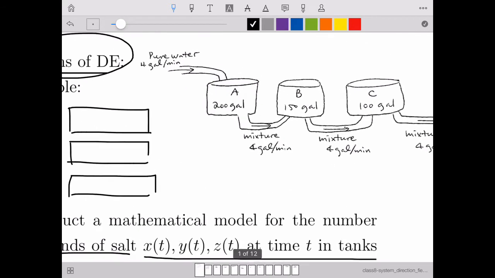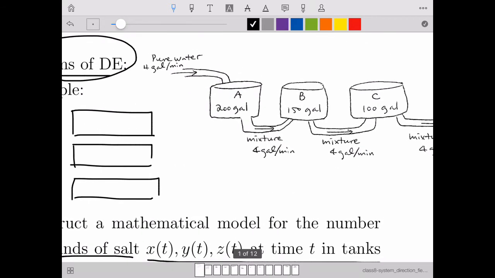So if we look at tank A, pure water comes in at 4 gallons per minute and goes out at 4 gallons per minute, and there are 200 gallons of water. The amount of salt in tank A is x(t), in B it is y(t), in C it is z(t).